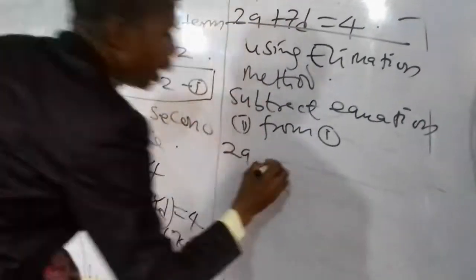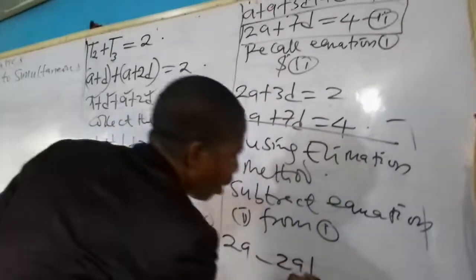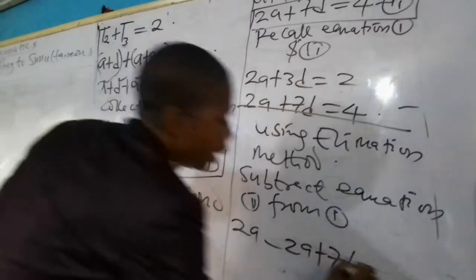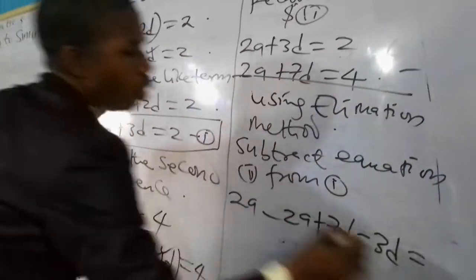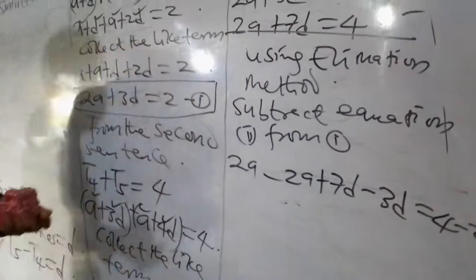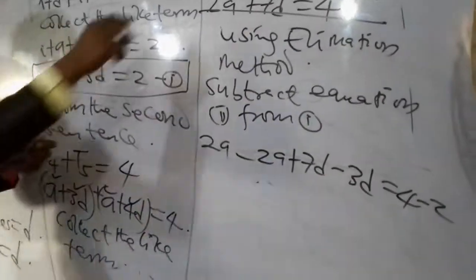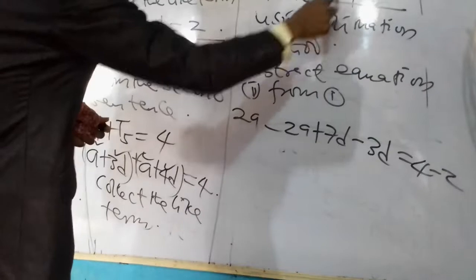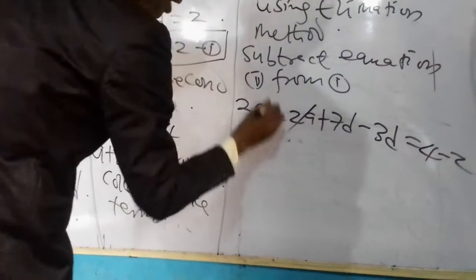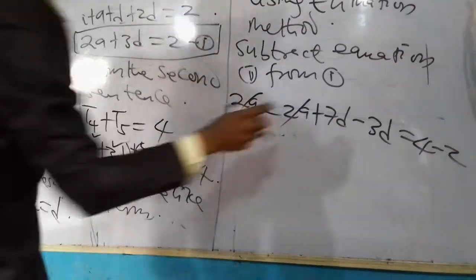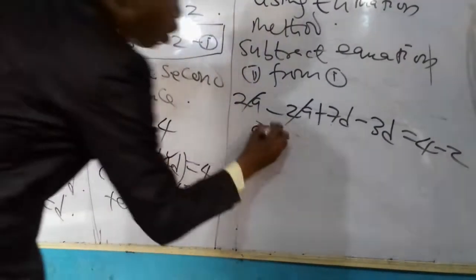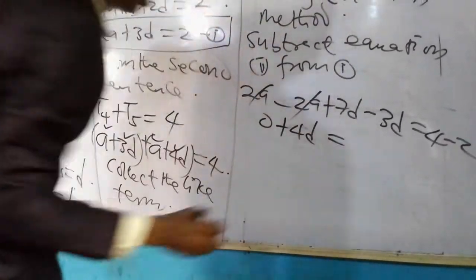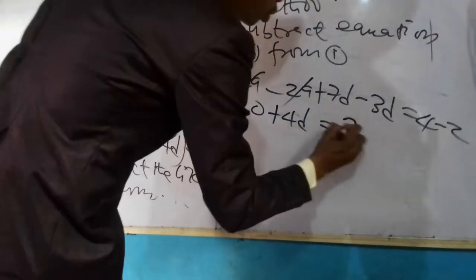That is 2A minus 2A, plus 7D minus 3D, equals 4 minus 2. 2A minus 2A we cancel, that is 0. Then 7D minus 3D is plus 4D, equals 4 minus 2, which is 2.